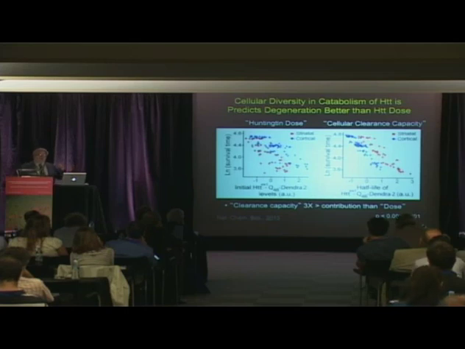So for many of the initial years, we were very focused on the Huntington protein, but what these data are telling us is that the cell's ability to handle that protein is also a very important determinant of whether that cell will succumb to mutant Huntington.